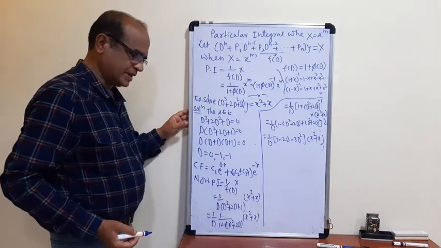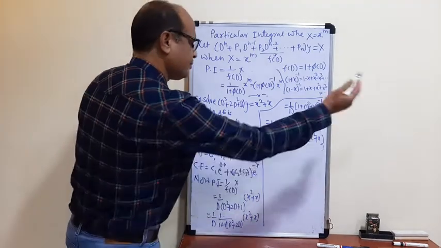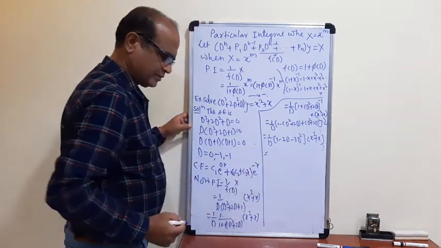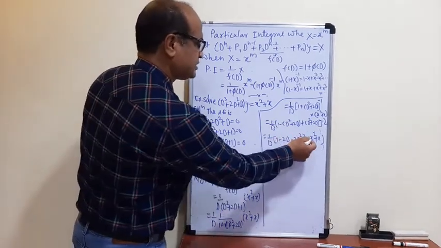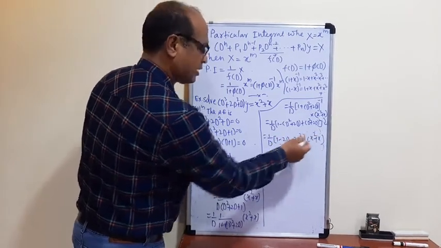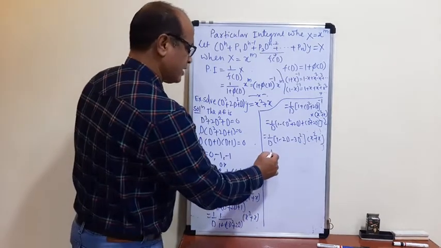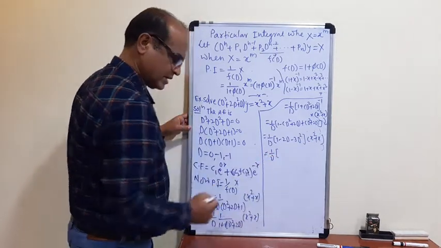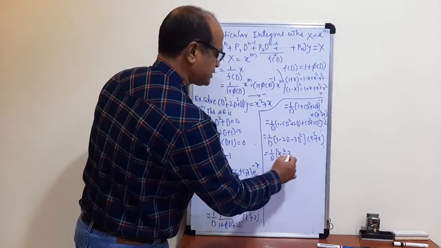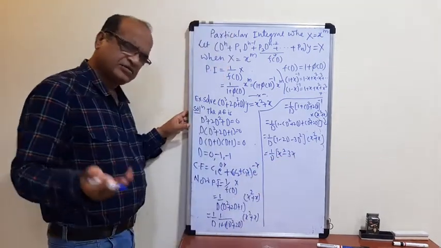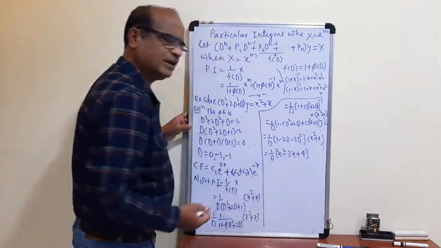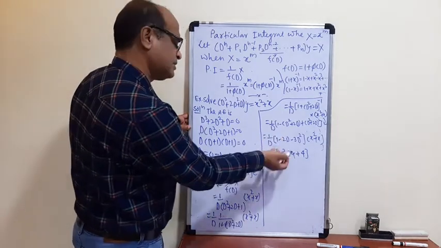Higher power terms are neglected. So operate d on this and d square on this. We get 1 upon d into x square minus 3x plus 4. After simplification, this is very simple. There is no time to solve this in detail, so you simplify this.